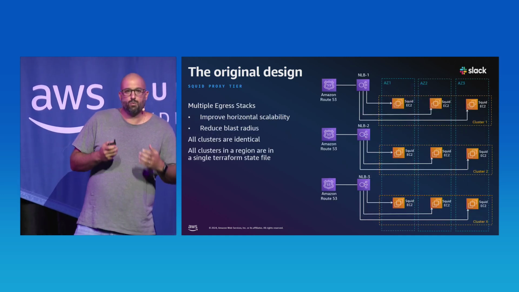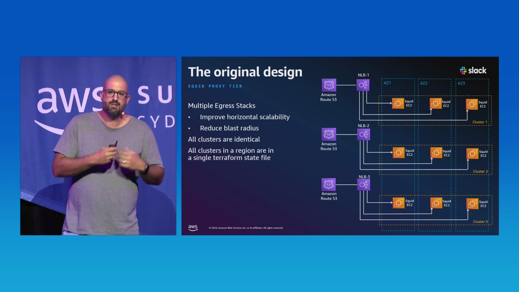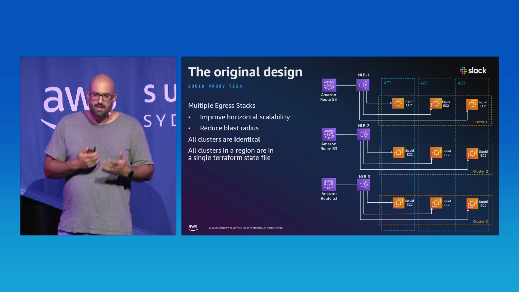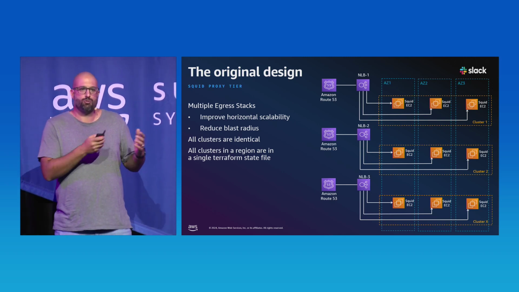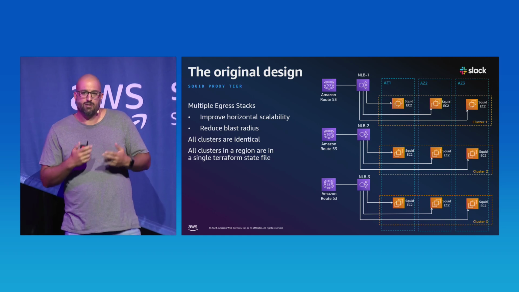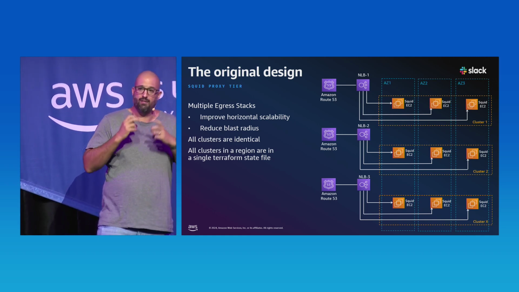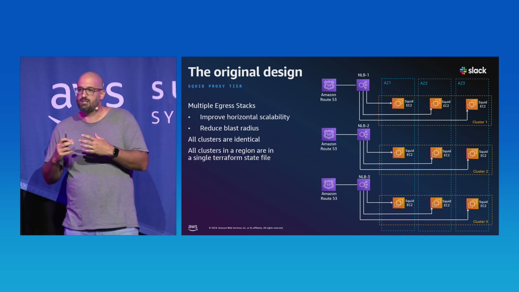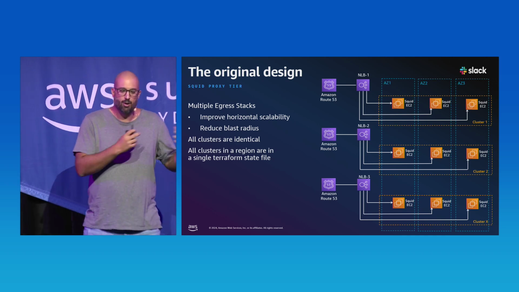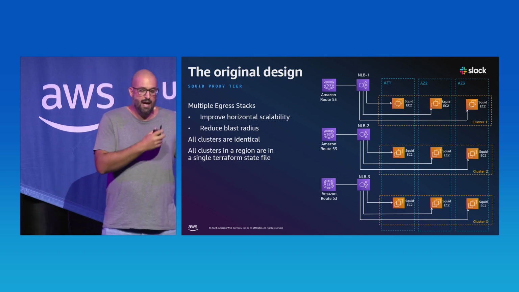The next iteration was to take that single cluster and stamp it out multiple times in a given region. This allowed us to route certain traffic from certain request paths to certain clusters. This gave us 2 main benefits. One, it improved the horizontal scalability of each individual cluster, as each cluster was now able to scale independently of one another. And it also reduced our blast radius.